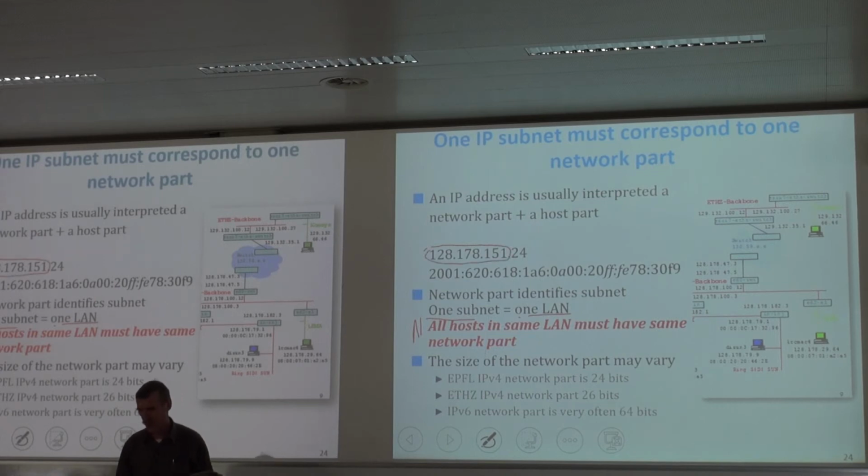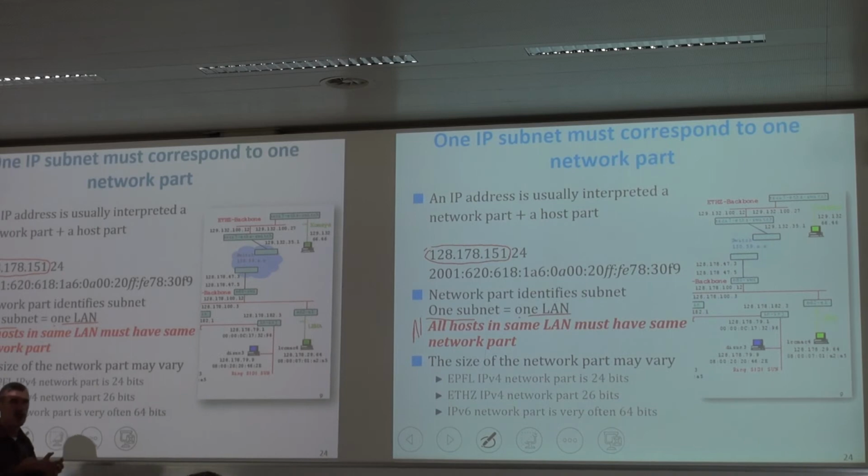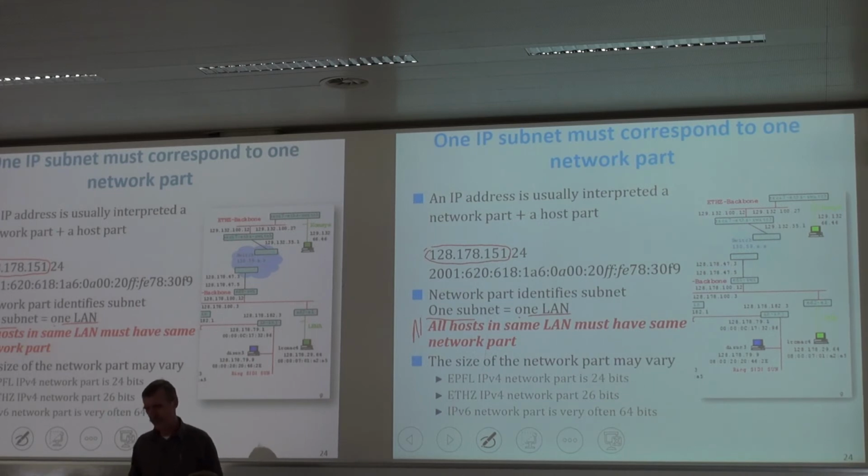For example, 128.178.151. That's the network part at EPFL. All hosts that are on the same local area network must have those same 24 bits at the beginning. With IPv6, it's a bit more complicated, but at EPFL, 1, 2, 3, 4, this is the network part.